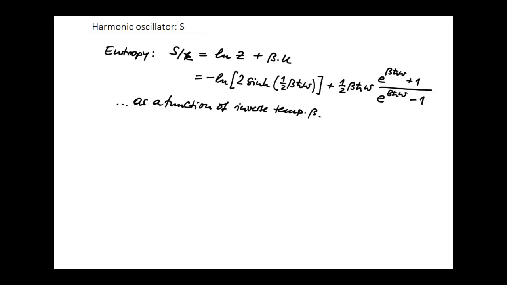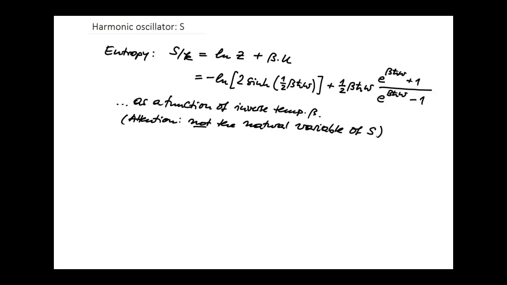So when you want to check thermodynamic relations starting from the entropy rather than the log of the partition function, you will have to find entropy as a function of energy. That's something that we will do in the next step. But here, at this point, we still have entropy as a function of a non-natural variable for the entropy, namely the temperature.